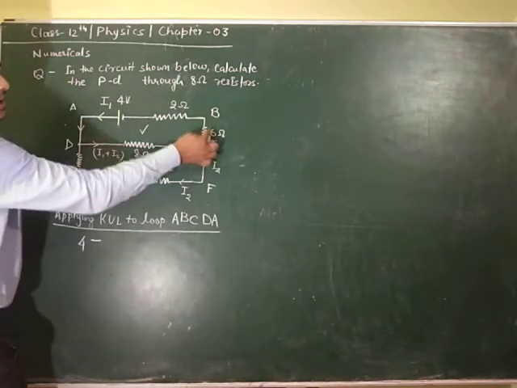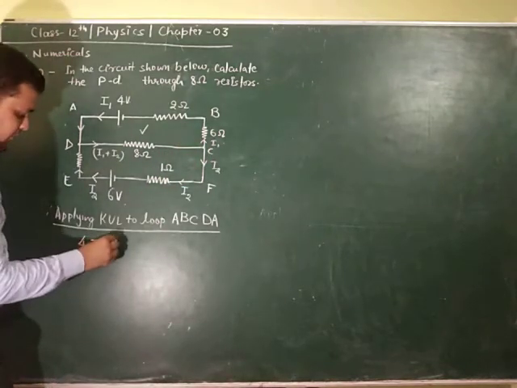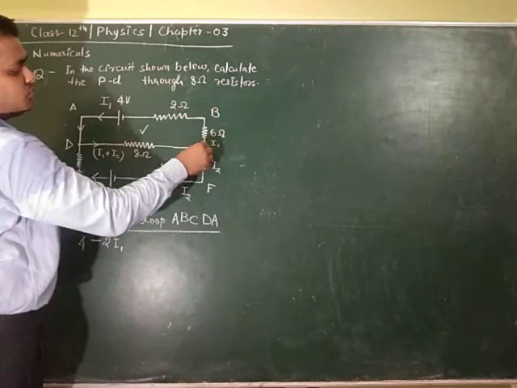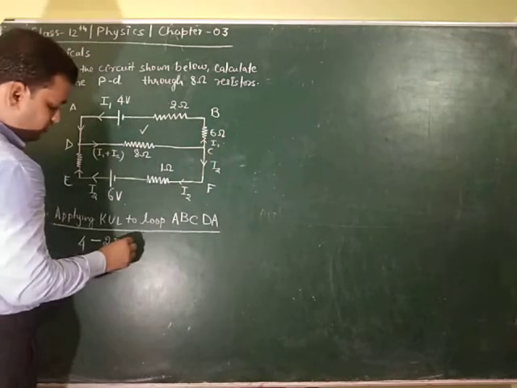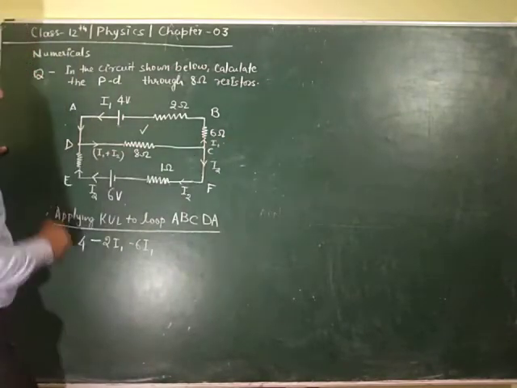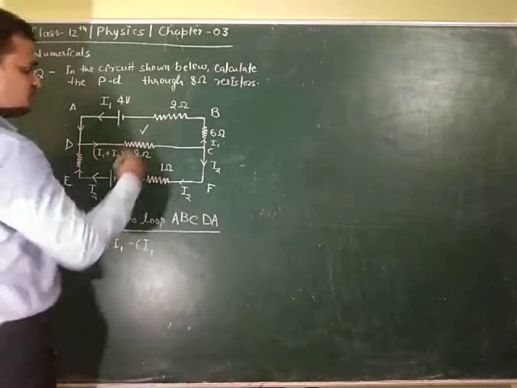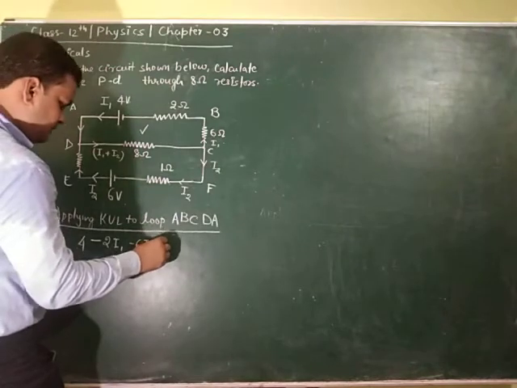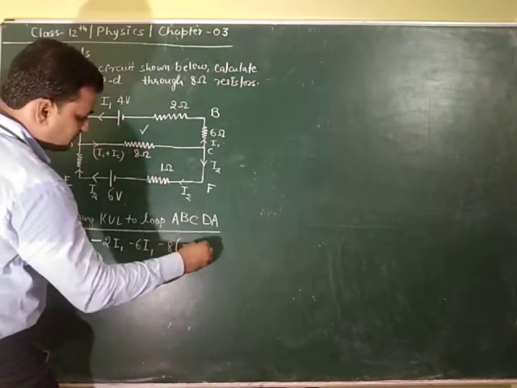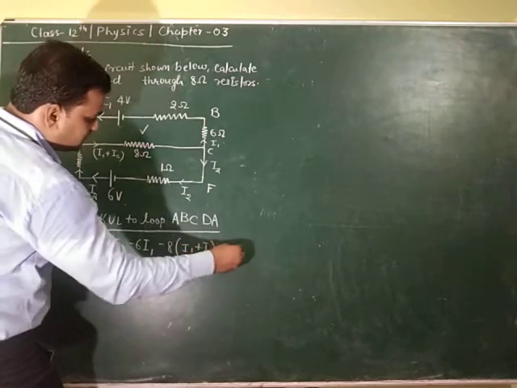Which current is it? I1 only. So minus 2I1. Again B to C, there is 6 ohm, so minus 6I1. Again we are moving opposite to this current, so here it is minus 8 times I1 plus I2, is equals to 0.